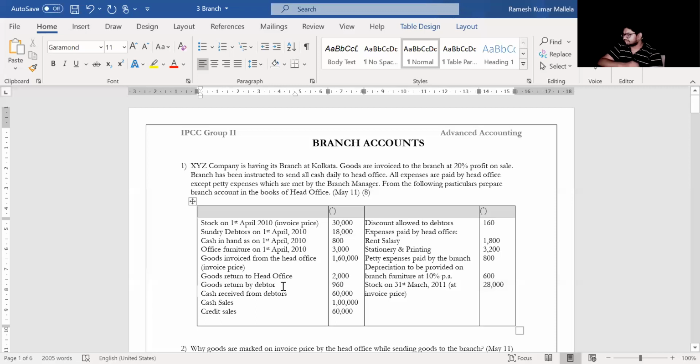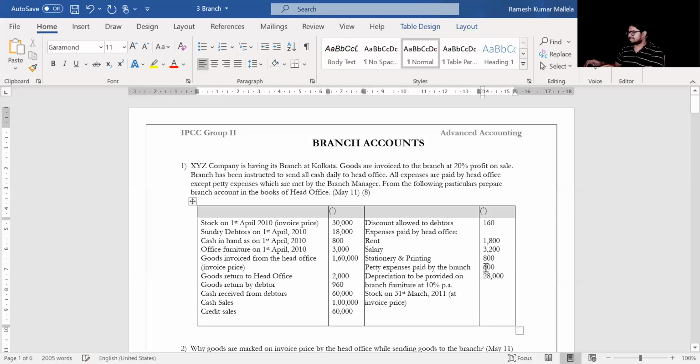On the other side, you have discount allowed to debtors, expenses paid by head office, rent, salary. Again there is some alignment issue, I'll correct it here. Rent, salary is 3,200. Stationery and printing is 800. Petty expenses paid by the branch is 600.